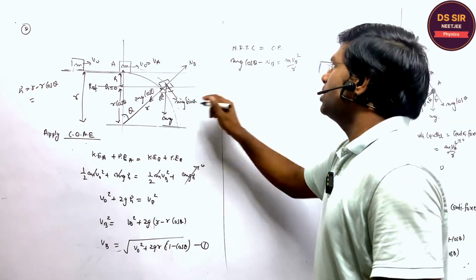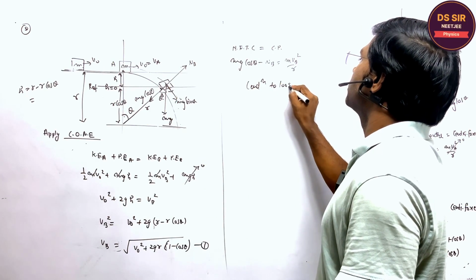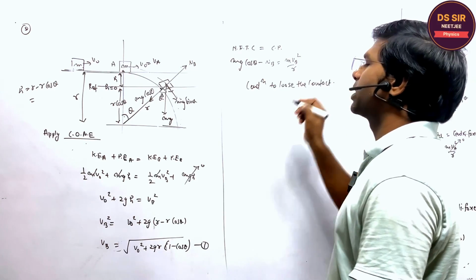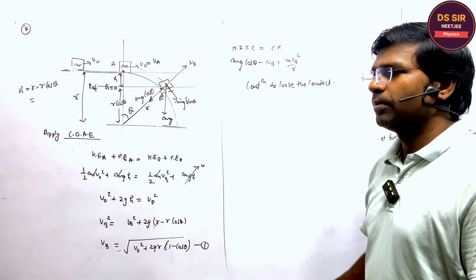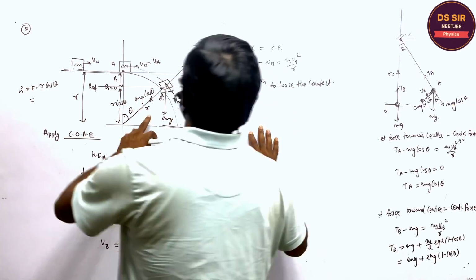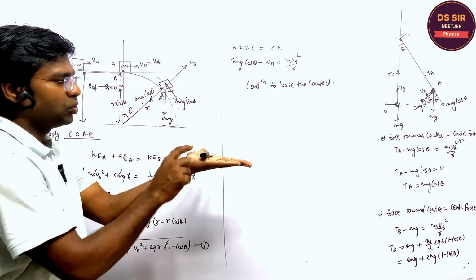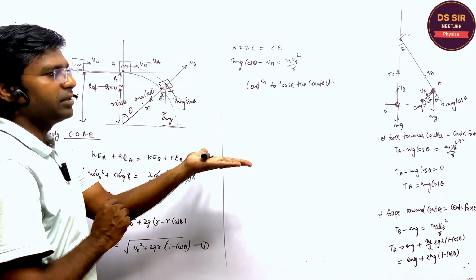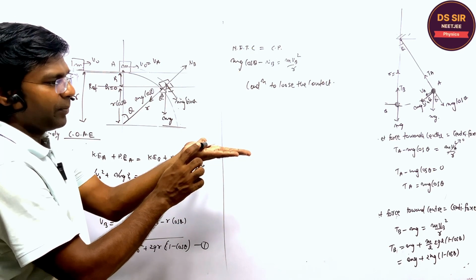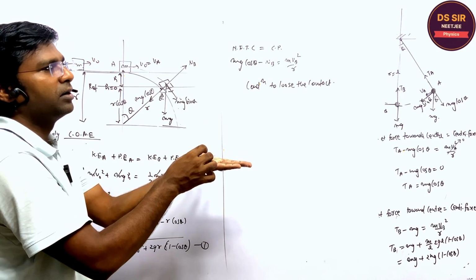Right. What is the condition to lose the contact? Tell me. Listen. If it is in contact, like the pen and the hand touching, the normal reaction will be there.